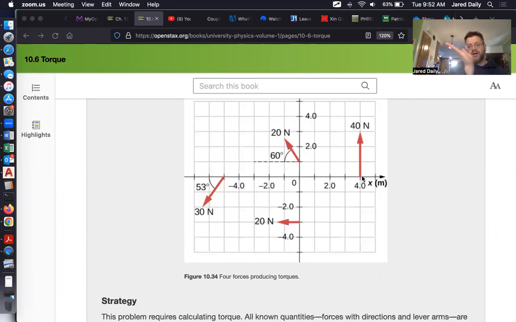So we go out to the right, R, and then turn the hand up for the force F, and it comes out of the page. So this one is out of the page as well. Then for the one at the bottom, the 30 Newton force, we have R going out to the left, and then we turn our hand downward a little bit, and that one's coming out of the page as well.